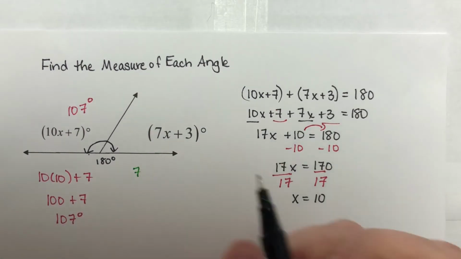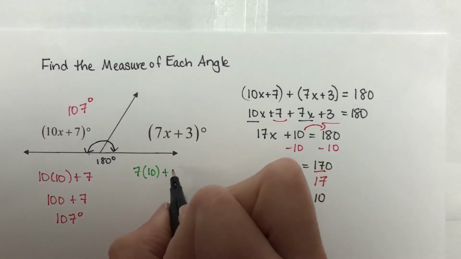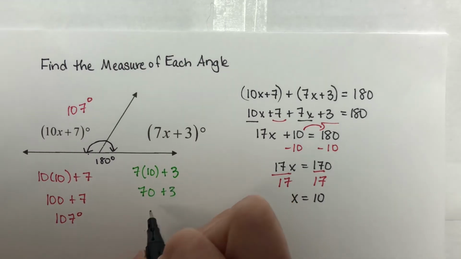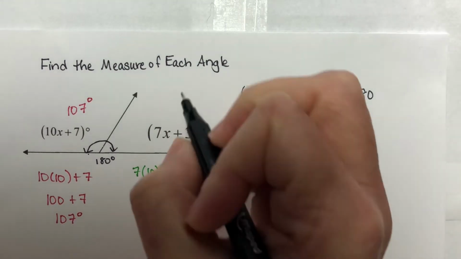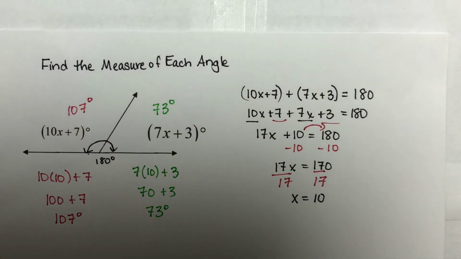And I have 7 times 10 plus 3. 7 times 10 is 70 plus 3 does give me 73 degrees. So that angle, 73 degrees, we were asked to find each angle, and we have. These would be the answers that you would plug into the computer.